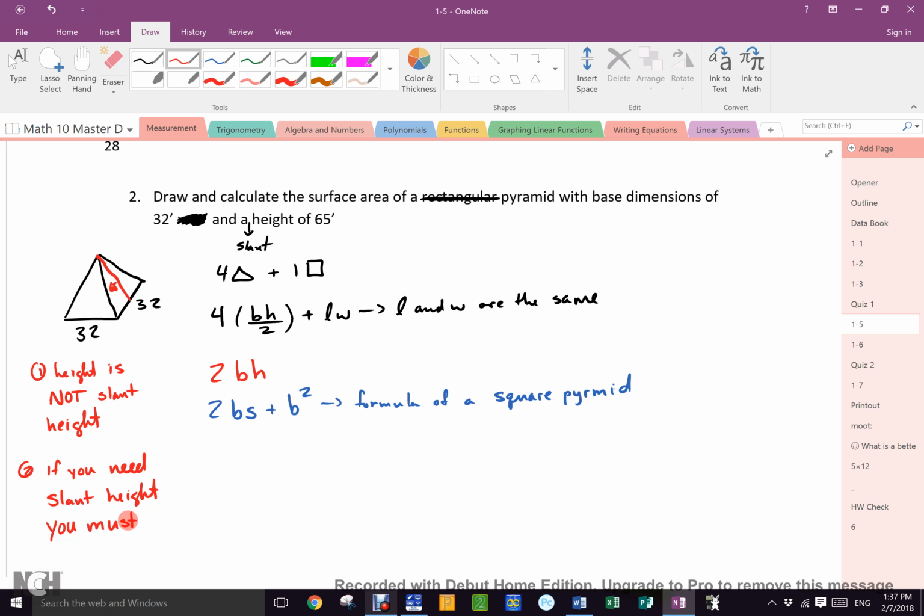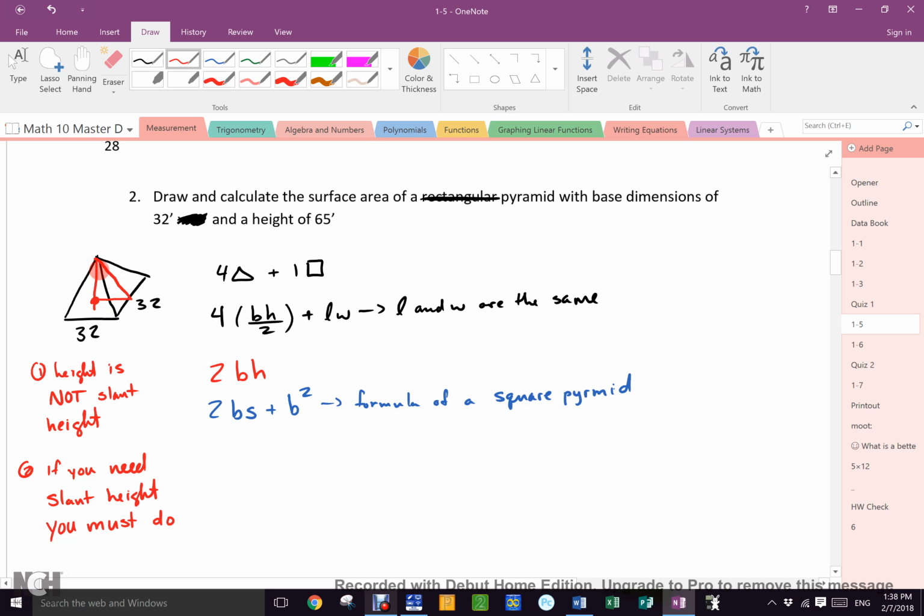If I told you, and you don't need to write this down, if I took away that word slant, and I told you the height was 65, where is the height of a pyramid? Right down the middle, right? Doesn't give me a slant height, does it? Unless I do this.